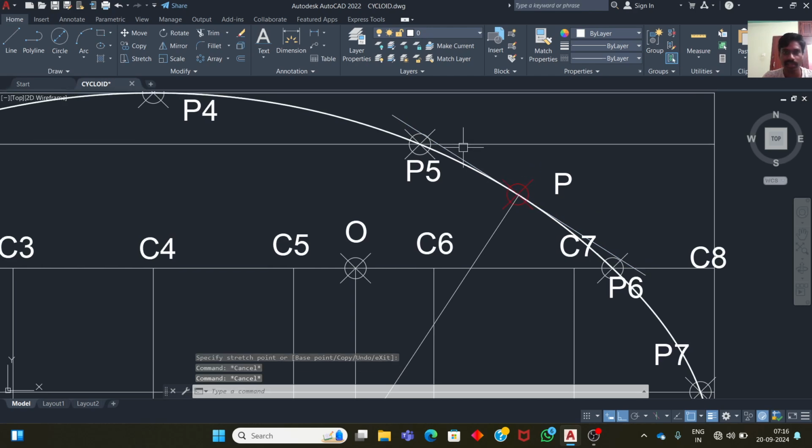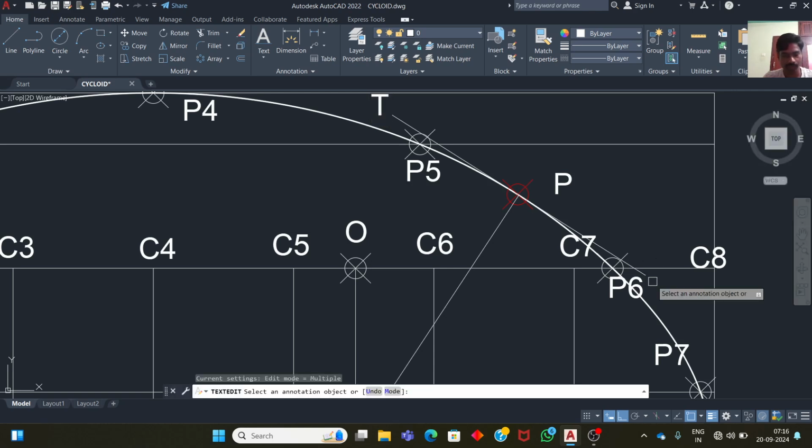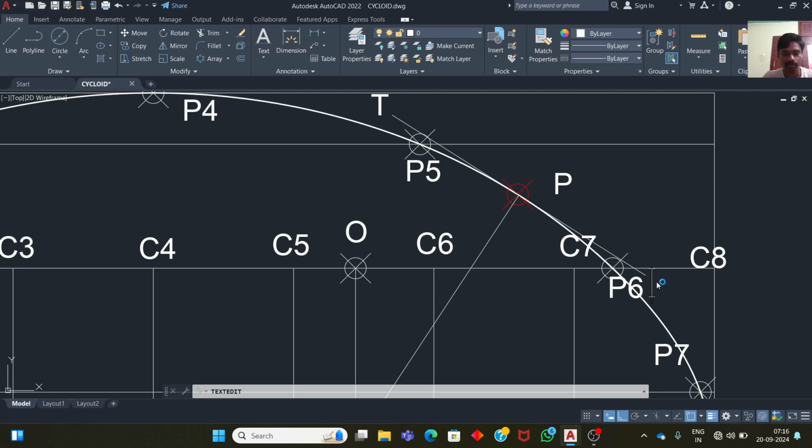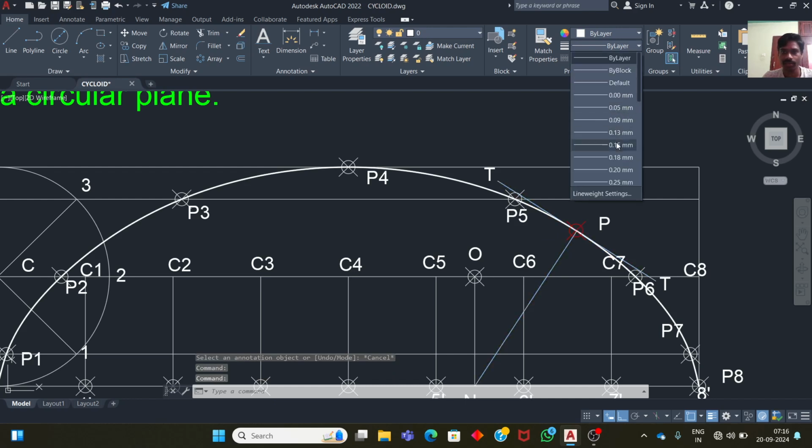This is the tangent. Okay. Give the line weight if it works.